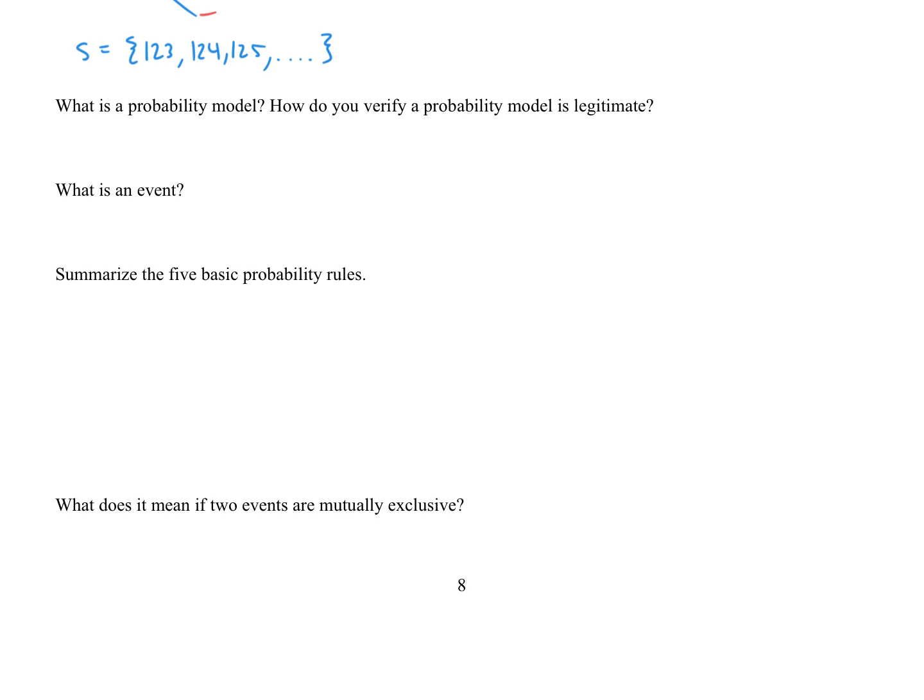So, what is a probability model? A probability model lists all possible outcomes with their associated probabilities.